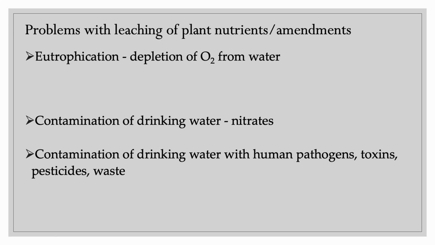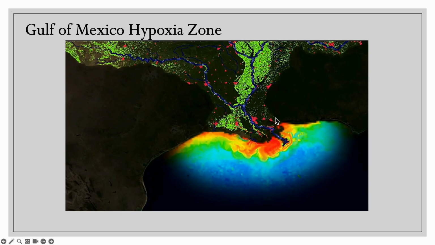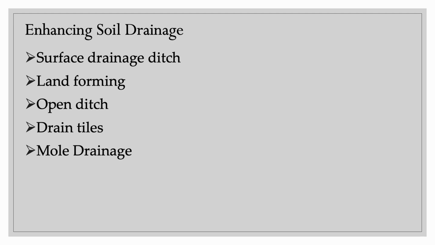How do you go about cleaning that up? Because the whole entire water table is then contaminated. So those can cause big issues. And then ultimately, as I mentioned before, this gets us into the Gulf of Mexico and the hypoxia zone.